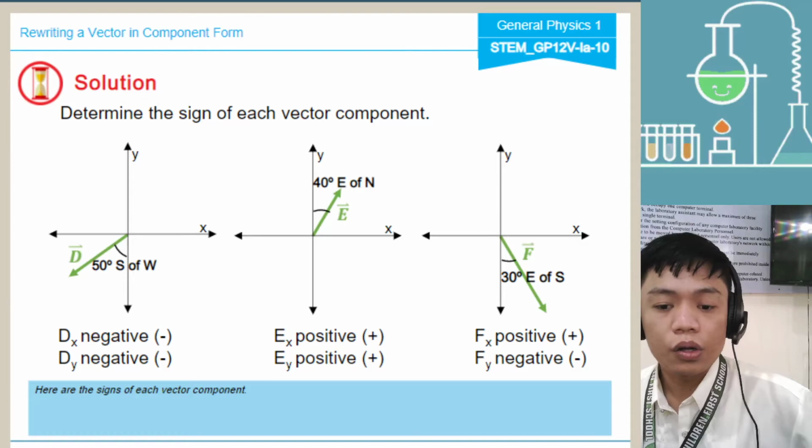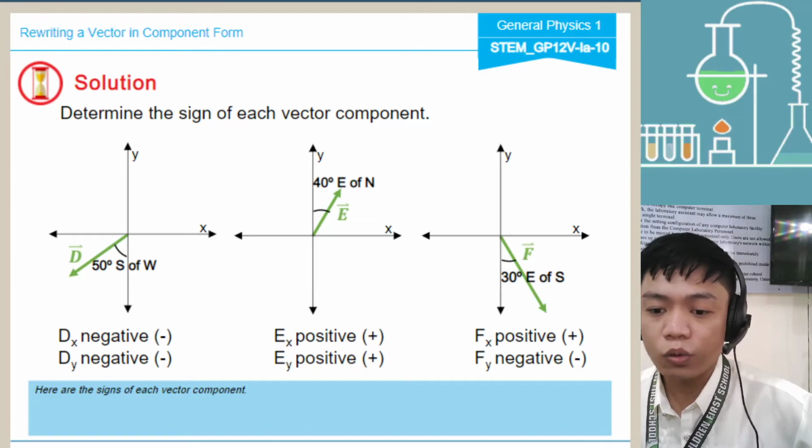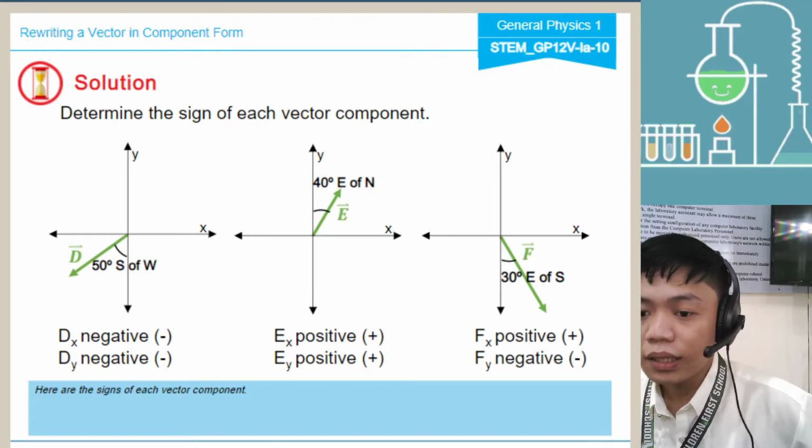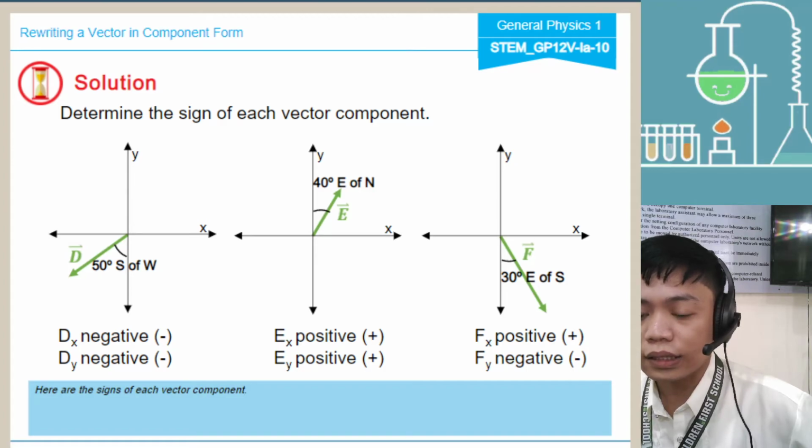Now, the final answer would be: D sub x will be negative and D sub y will be negative because they are in the negative x and negative y quadrant. In E, we have E sub x positive and E sub y positive because they are in the positive x and positive y quadrant.